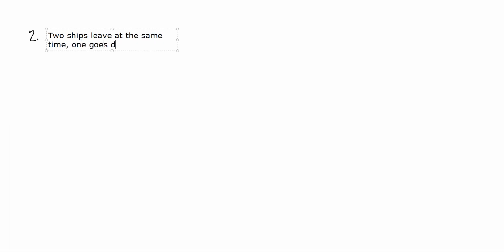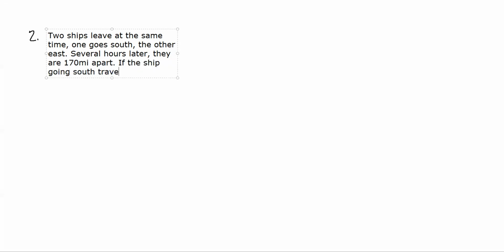One goes south, the other east. Several hours later, they are 170 miles apart. If the ship going south traveled 70 miles further than the other, how many miles did they each travel?